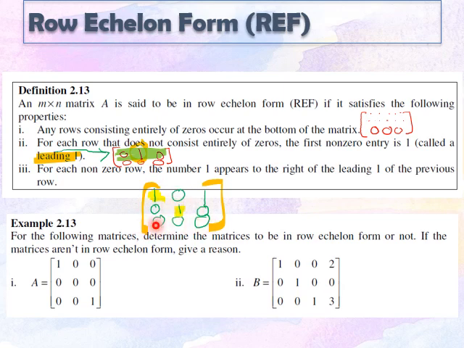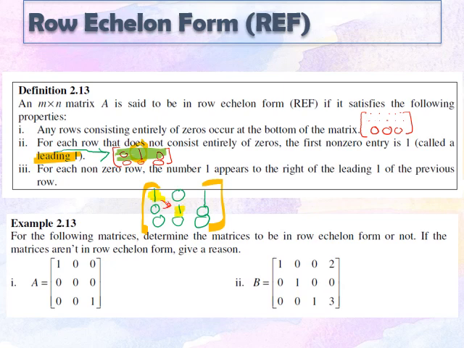This one is all zeros, so there is no leading 1. So the leading 1 cannot be here. The number 1 cannot be here because it has to appear to the right of the leading 1 that appears in the previous row.